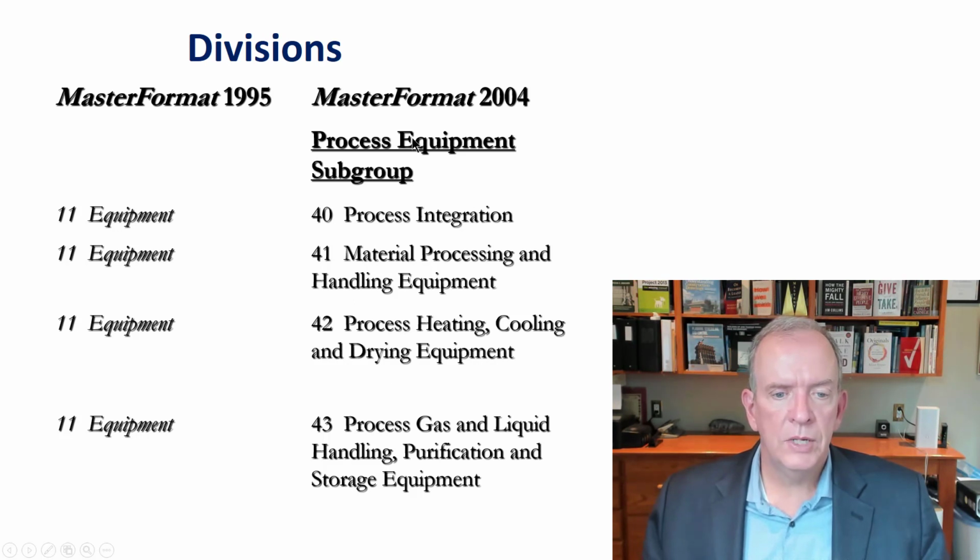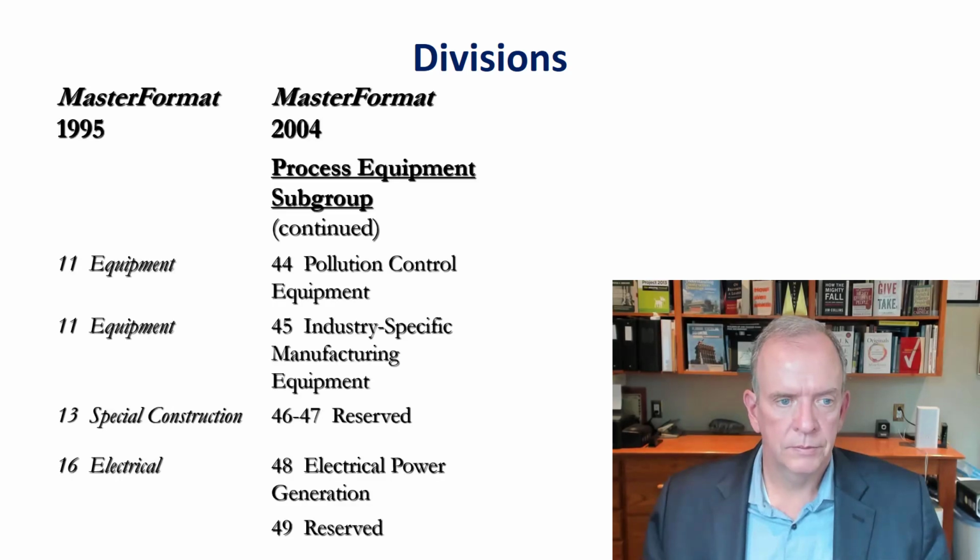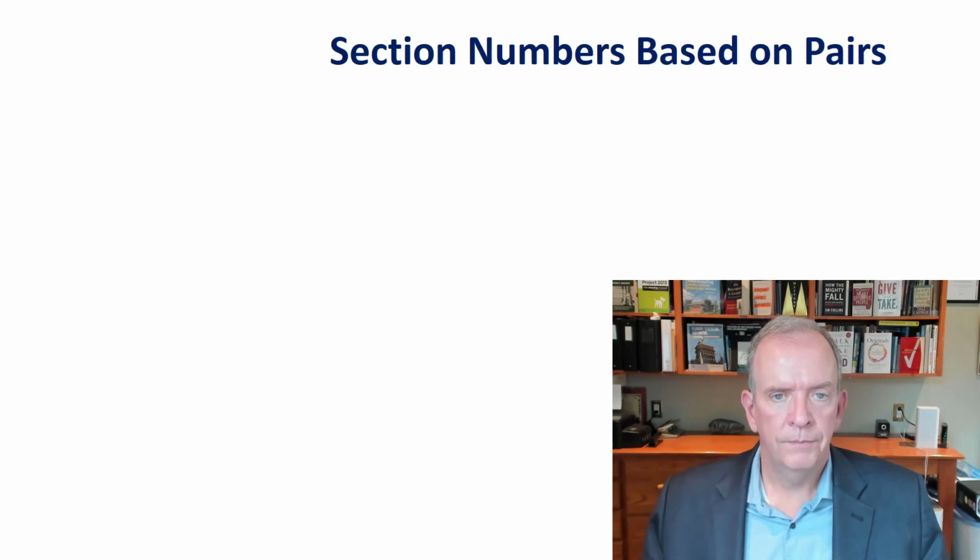So you're getting into industrial type projects when you're getting into a lot of these areas here. This is like industrial purpose focus. Pollution control, again, under the process equipment subgroup, we're getting into real big sort of infrastructure projects, electrical power generation, industry specific manufacturing equipment, all of those kind of areas.